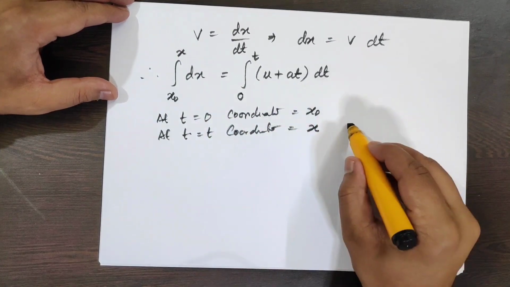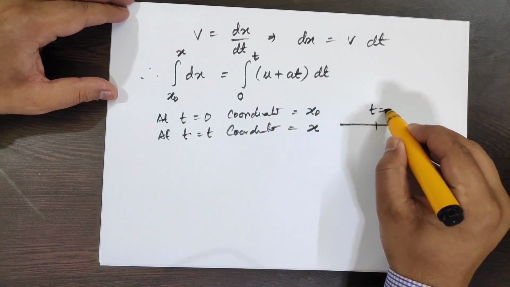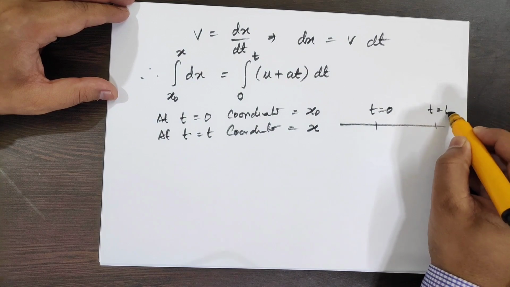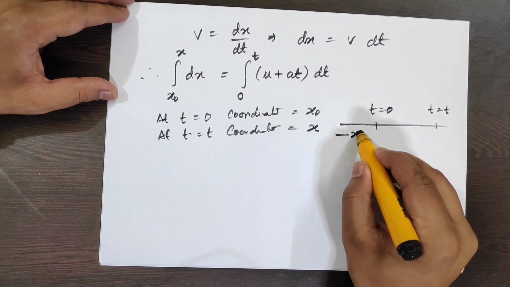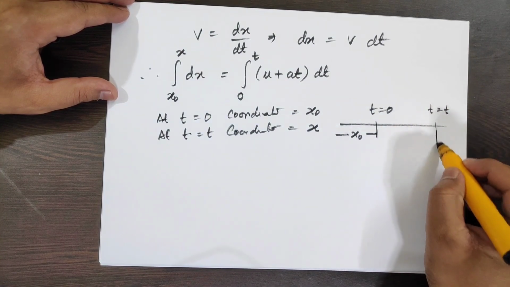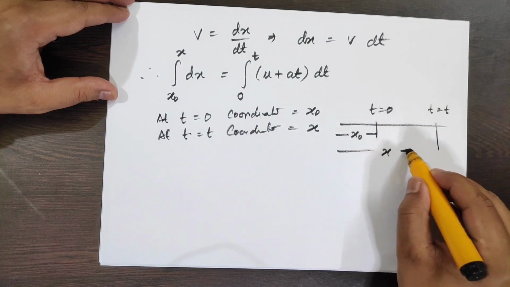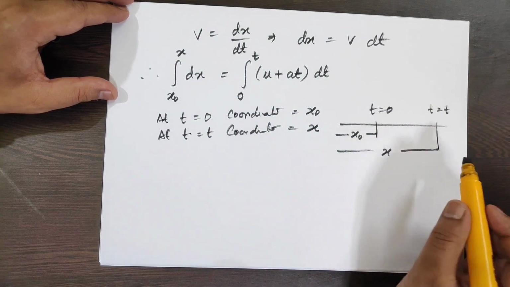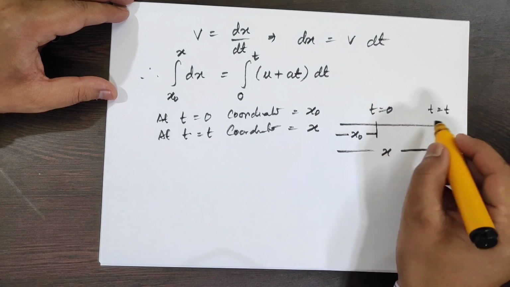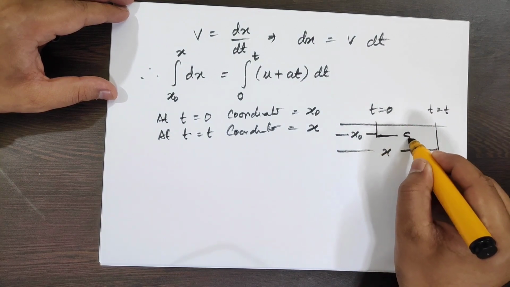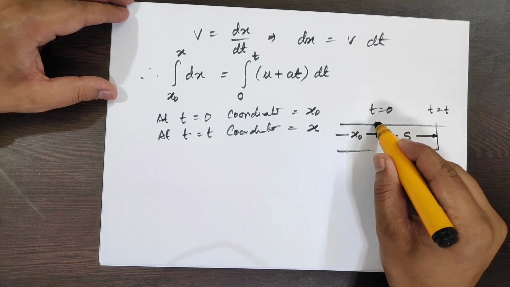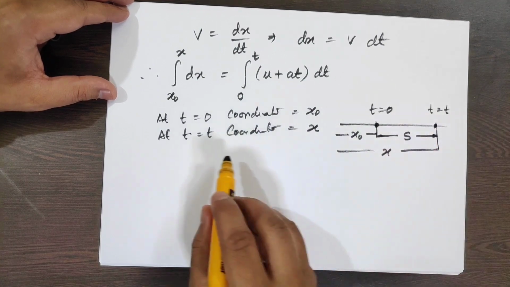So actually this is the particle at t equal to 0, this is at t equal to t. These are the coordinates x naught and x at the different times. So this s means the displacement from time 0 to time t.